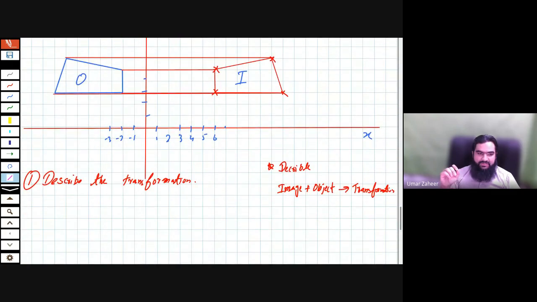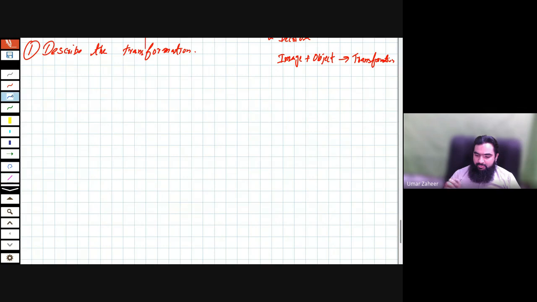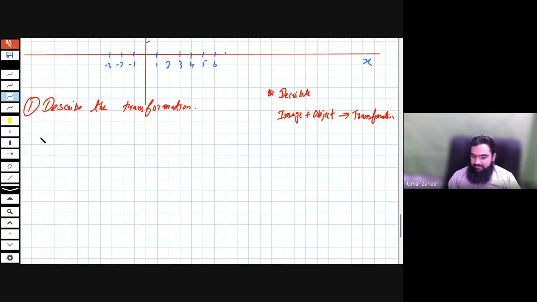So always remember, if the examiner gives you the image and the object and says that you have to tell the transformation, you have to meet the corresponding points. If the lines are going to be parallel, this means that it is a reflection.